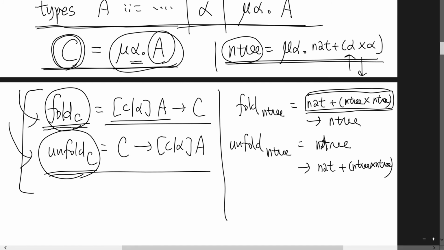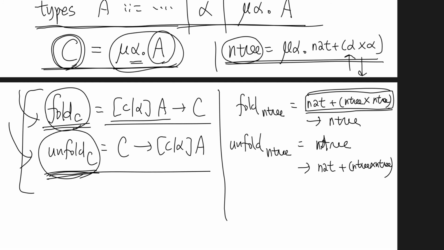But these are not actually lambda abstractions. They are provided by the type system, so they cannot be rewritten as existing lambda abstractions. They are not functions. So you have to provide the typing rules and reduction rules.